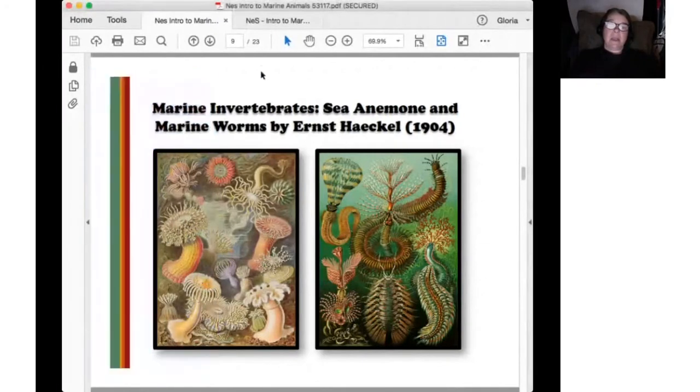Okay, so here we have on the left a painting of sea anemones. On the right, we have a painting of different sea worms, marine worms. Really pretty. And one thing about Ernst Haeckel's art is he really showcased the animals and plants. Whatever he was drawing, he showcased their symmetry.